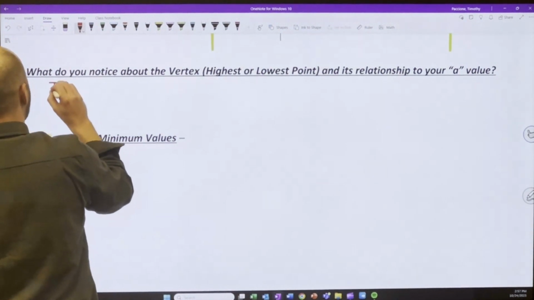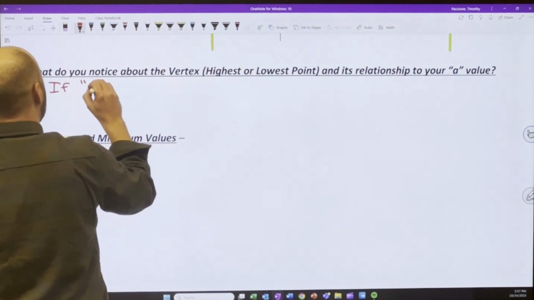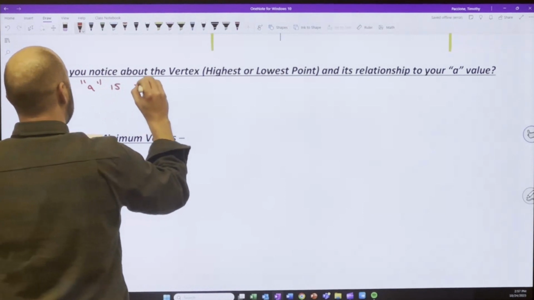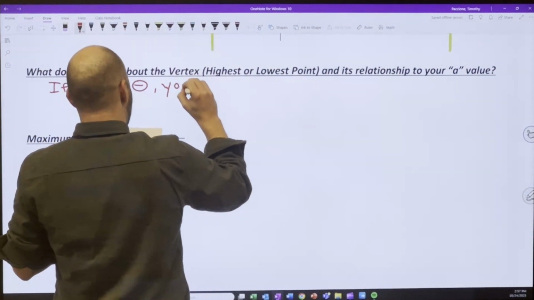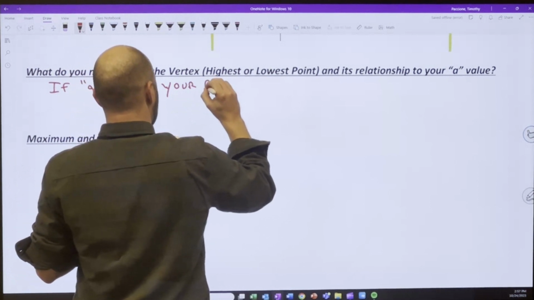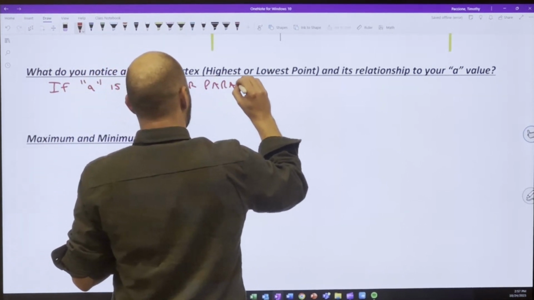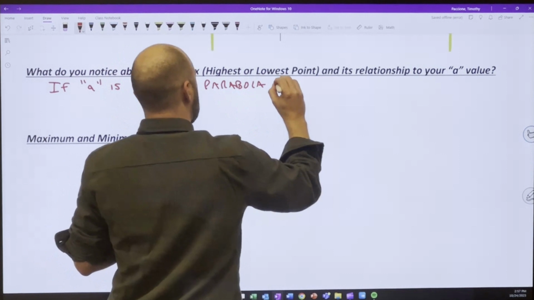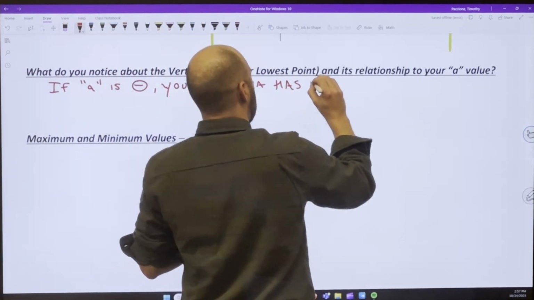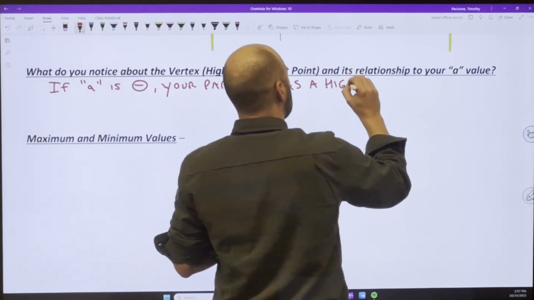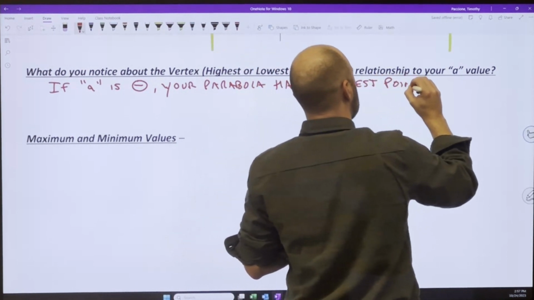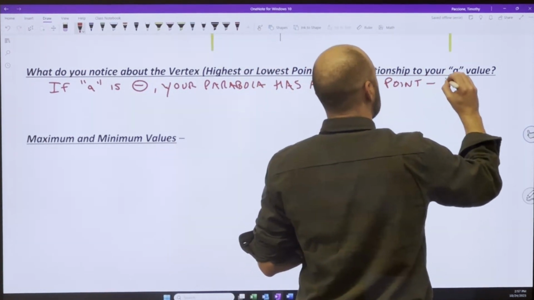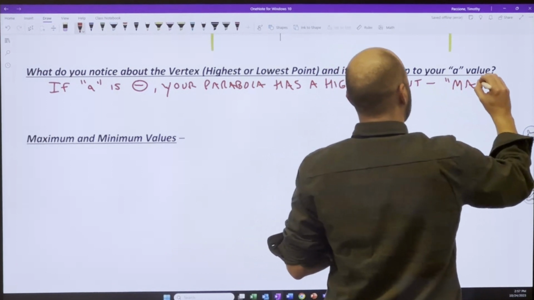So if your a is negative, your parabola has a highest point, and we call that a max.